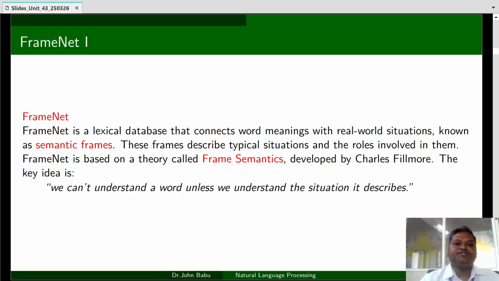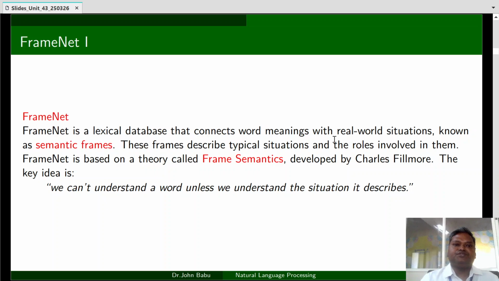So the key idea here is if you want to understand a word, you have to understand the situation around that. Whenever we assume a word, your mind will give a context or a frame to it.